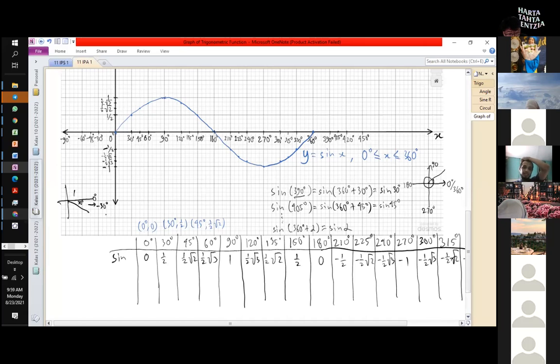Jadi sebenarnya bisa dibilang juga sudut negatif 30 derajat ini sama dengan di kuadran 4 gitu ya. Jadi kita bisa cari dari situ.